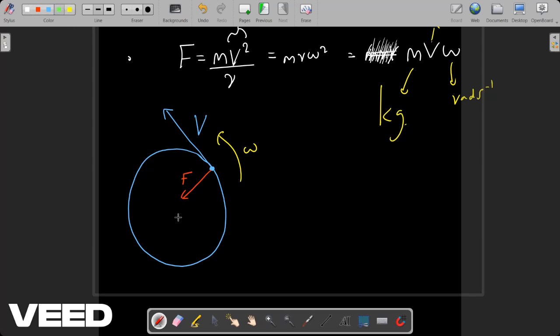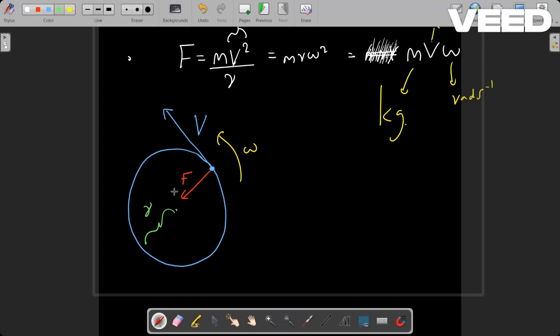The radius is also important. Without the radius, you don't know the value of linear velocity. Linear velocity depends on the radius. Why? R omega is equal to velocity. This force means centripetal force, right?